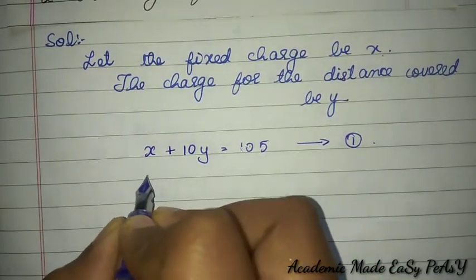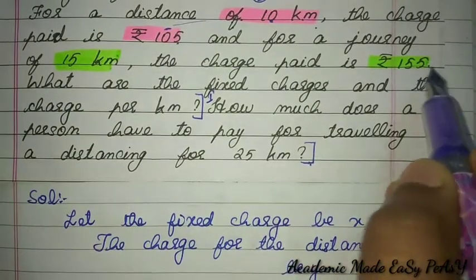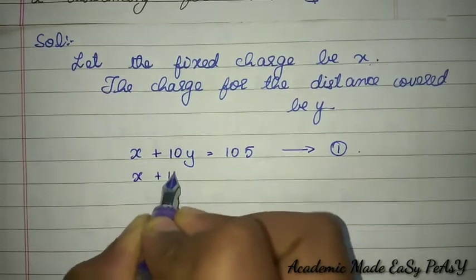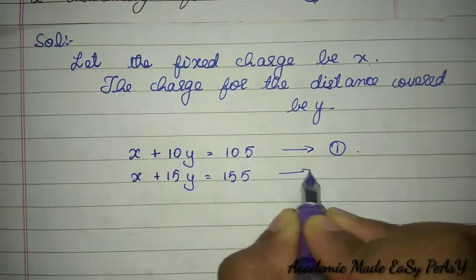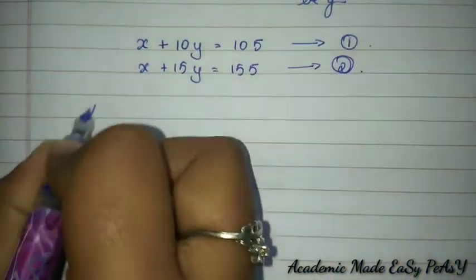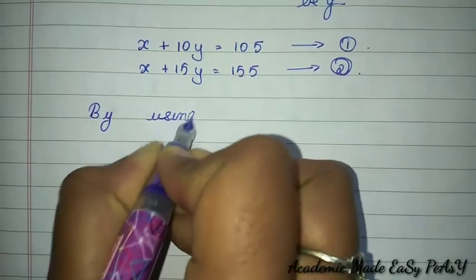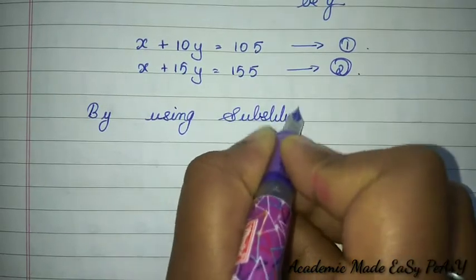Next, for 15 kilometers the charge is 155. So x plus 15y is equal to 155. Let this be equation 2. So we will be finding the solution for the pair of linear equations using the substitution method.